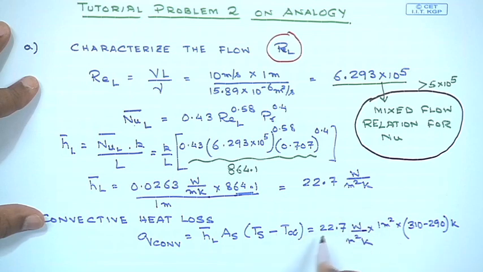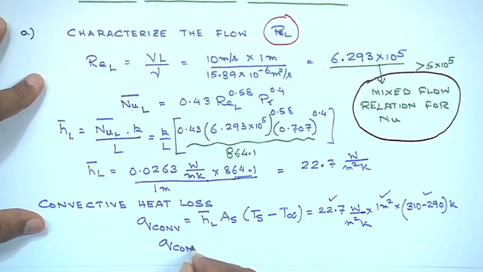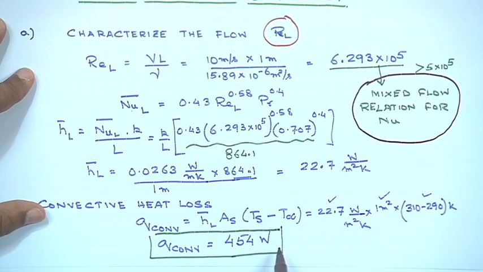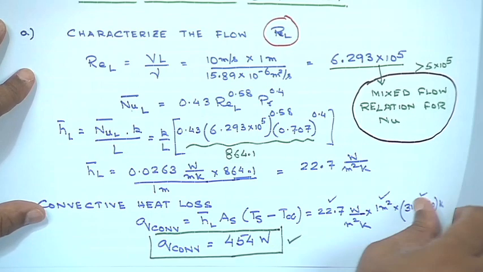So, this is h A delta T and the value of Q convection would turn out to be 454 watt. So, that is the answer to the first part of the problem, that is the heat lost from the surface by convection. We are not considering mass transfer here. So, this is going to be the amount of heat loss by convection.